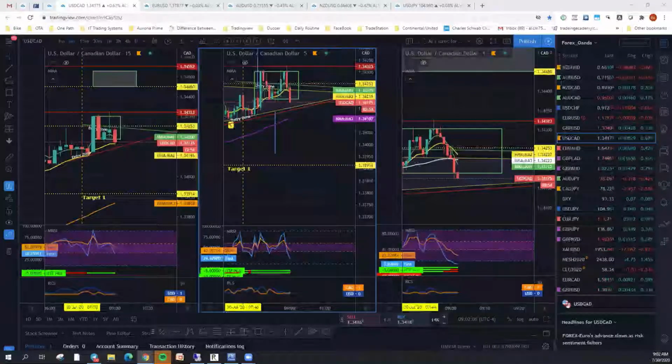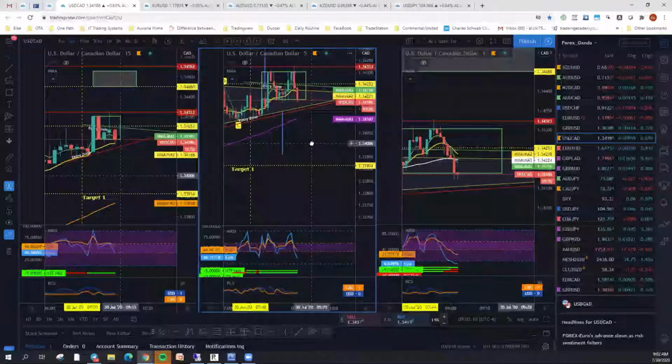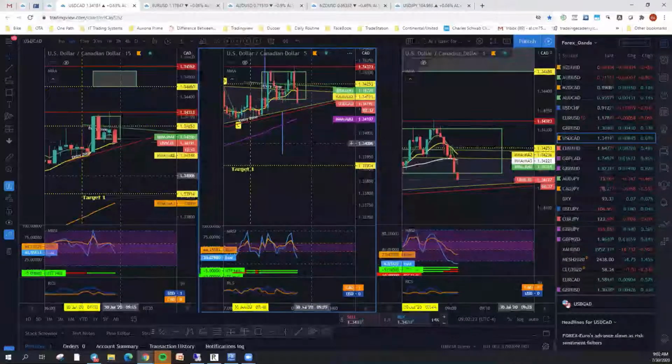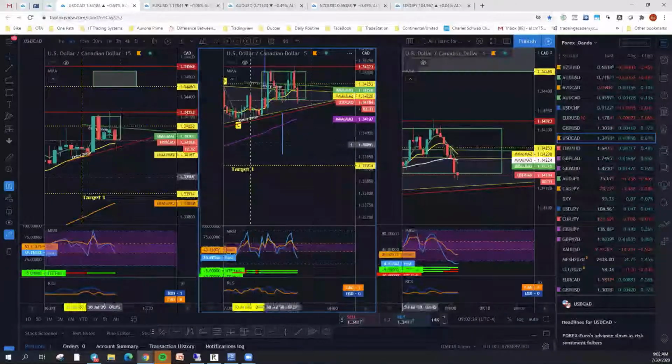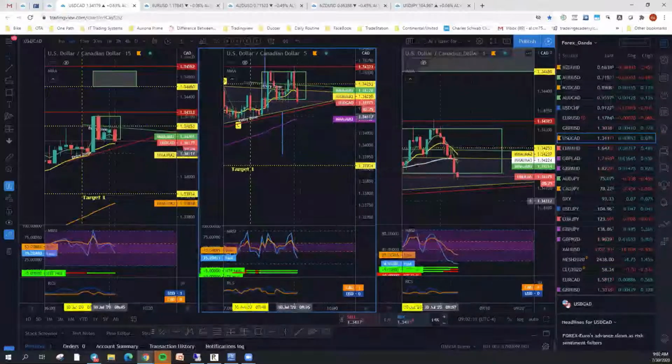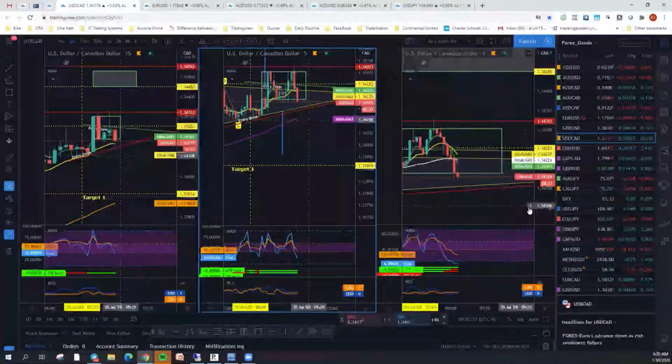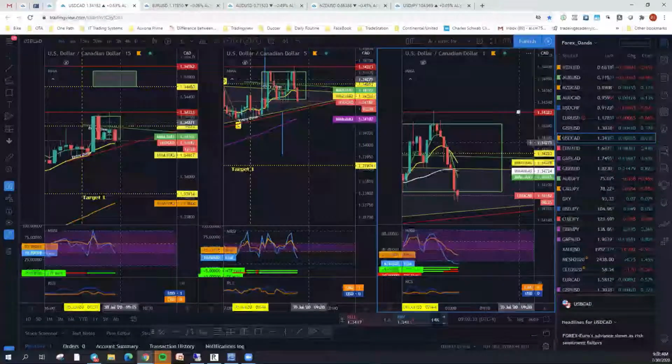And we'll see if we can get a breakout on this one here. It's starting to break out of our box, and here's our wedge at the bottom. We'll see if we can catch this thing.